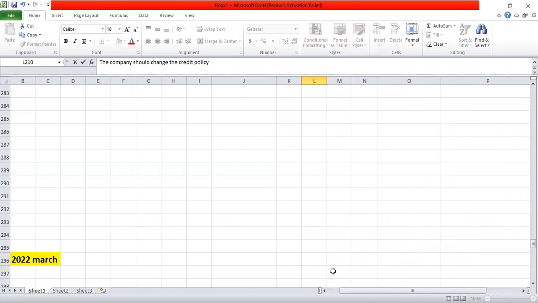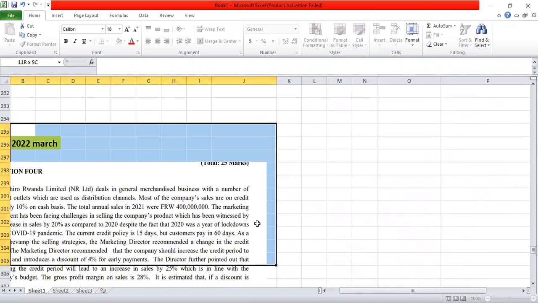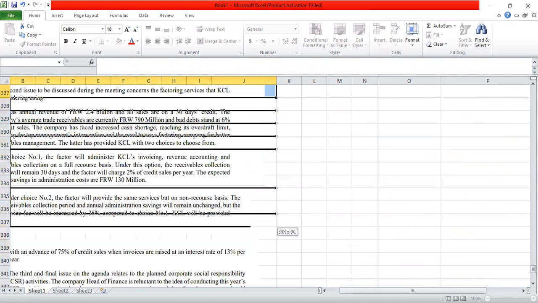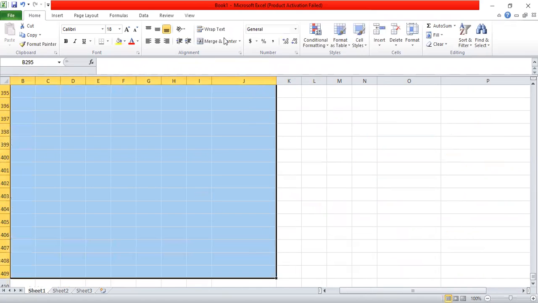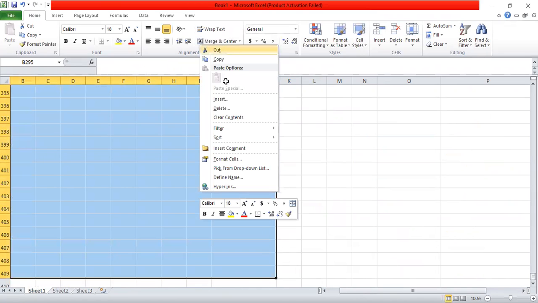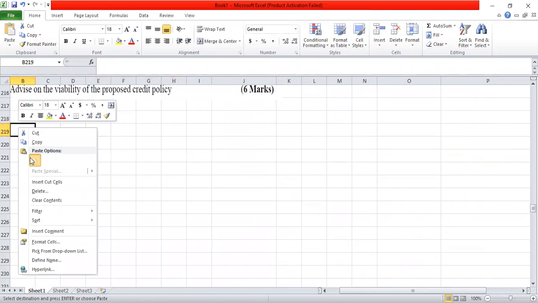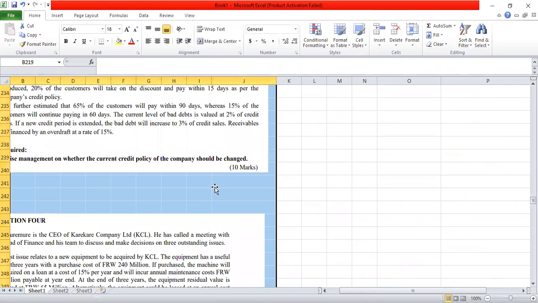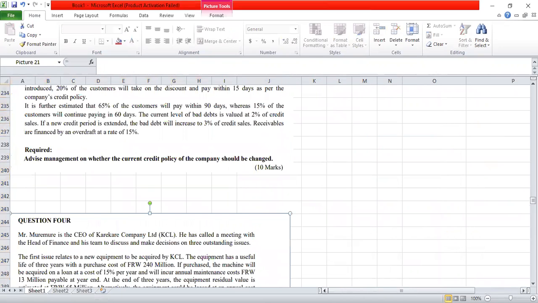Another question is this one. Probably this time I'm going to summarize the data well. This one I forgot to put.